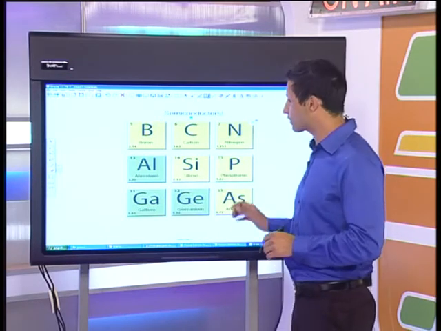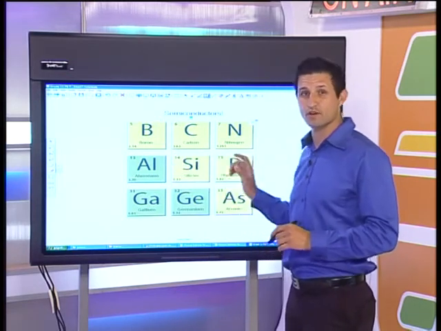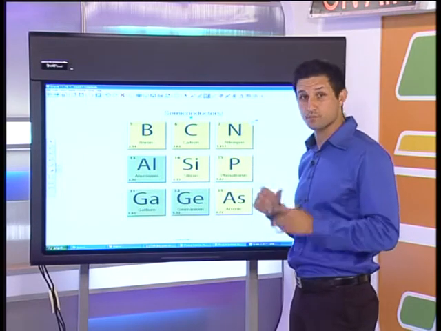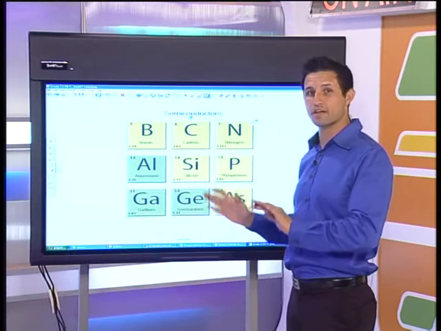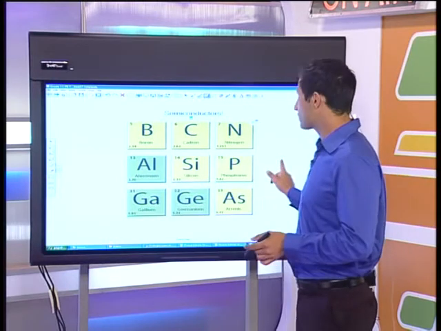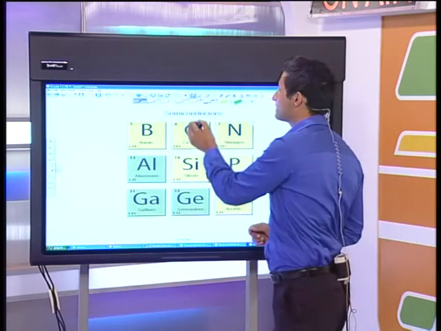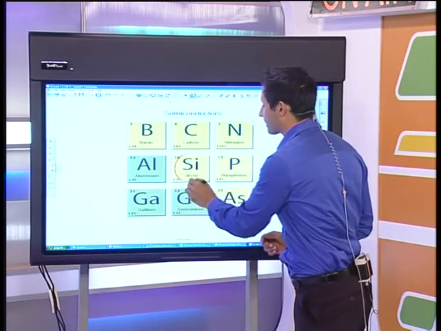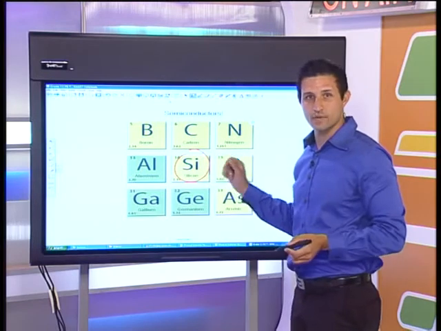So what I'm going to do is I'm going to pick and choose a few of these metals along this boundary between metals and non-metals, and we're going to put them to some use. We're going to try to see if we can't make our very own semiconductors. So just taking a look at some of these semiconductors that I'd like to pay attention to. Silicon is a great one. This is the one that we use nowadays.